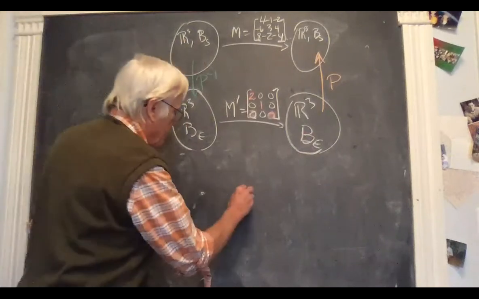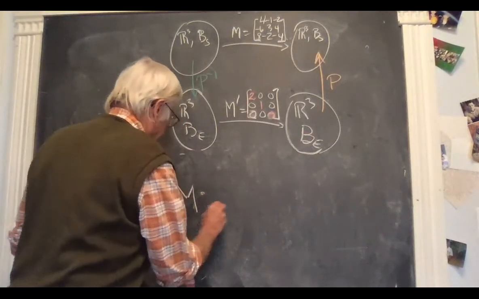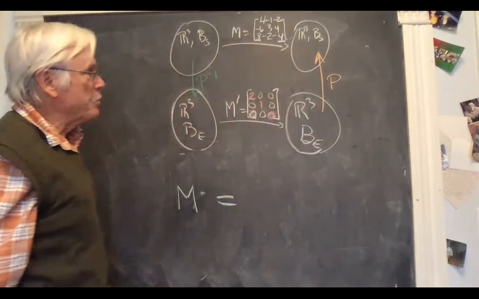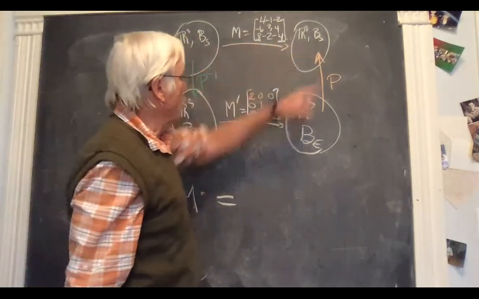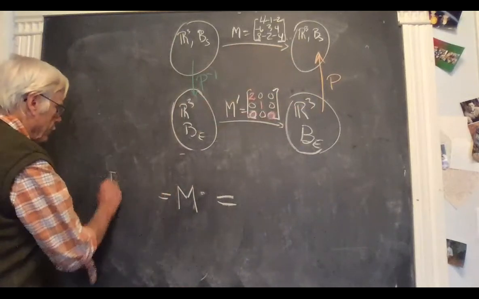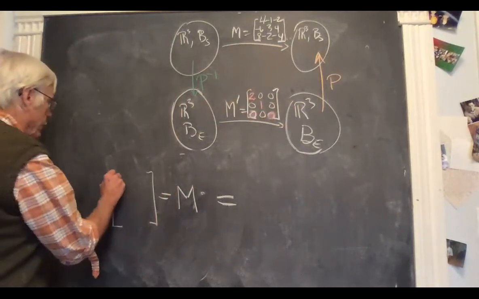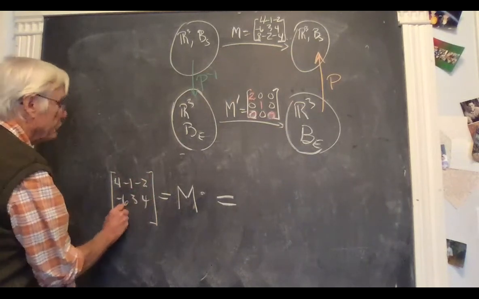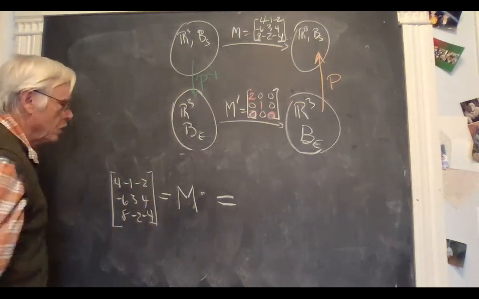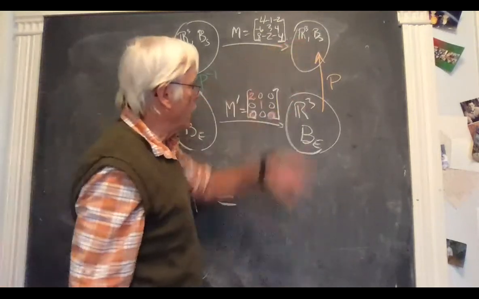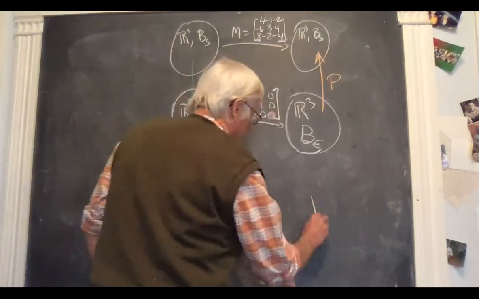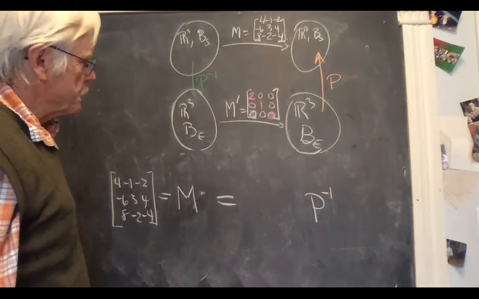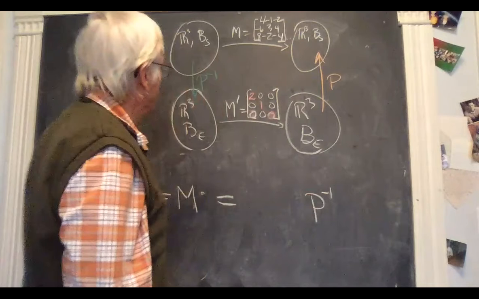If we begin with M, it starts here and ends here. With a blob diagram, you can either get M by going straight across. So that would be the matrix that we had, 4, minus 1, minus 2, etc. Or you can go this longer route, first P inverse, and we're on the right because this is written as functions. So the first one you do is on the right.